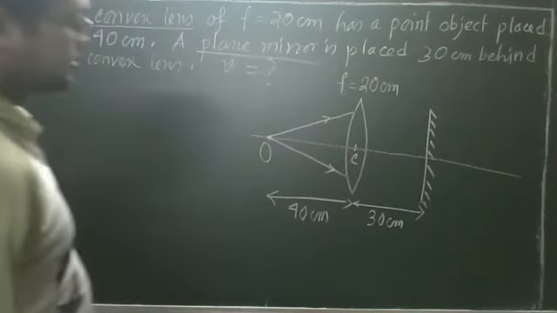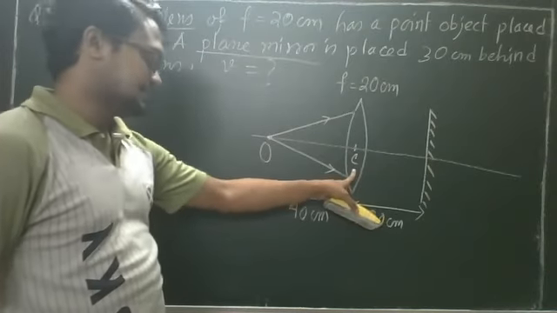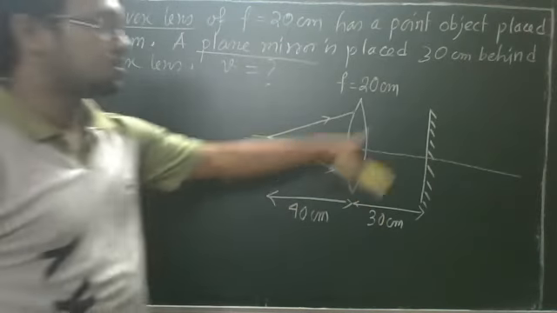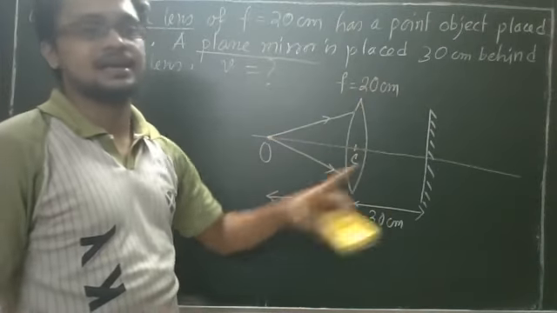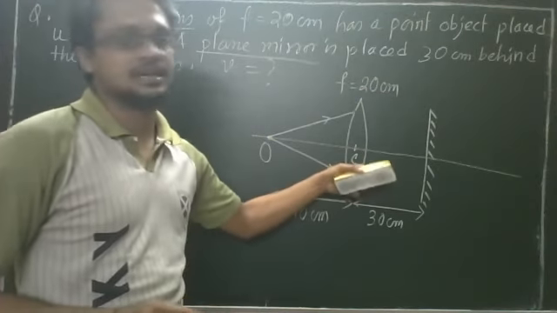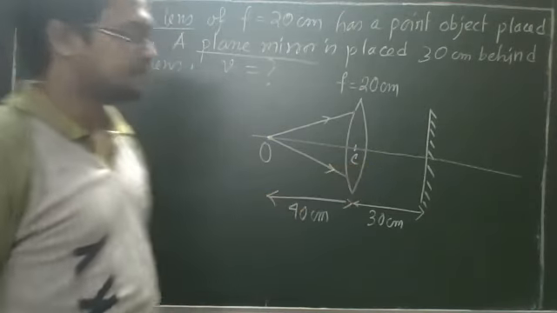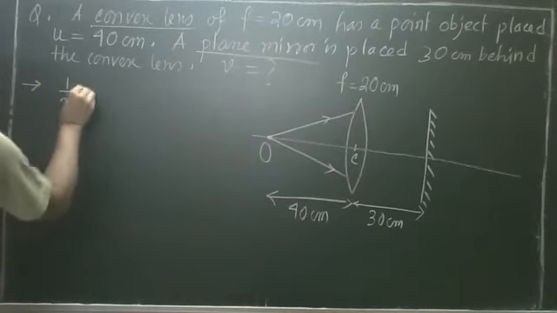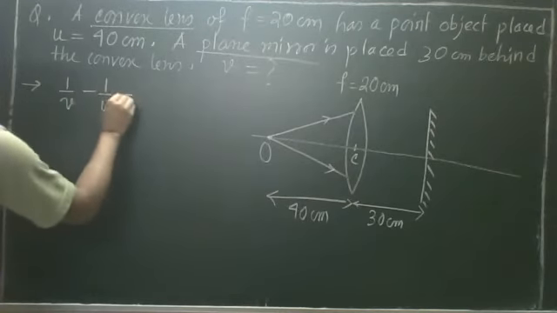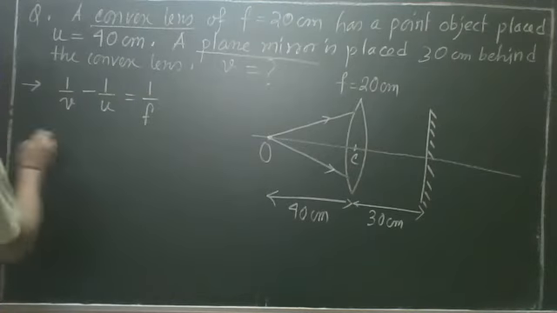So first we know all the things for the lens. Object distance we know, focal length we know. So we will use the lens formula and find the image distance for the lens only. First for lens only: 1 by v minus 1 by u equal to 1 by f.